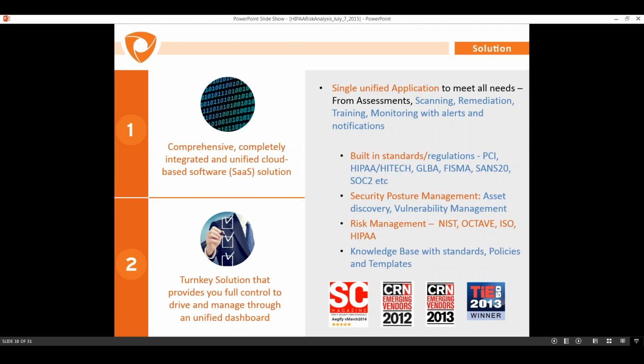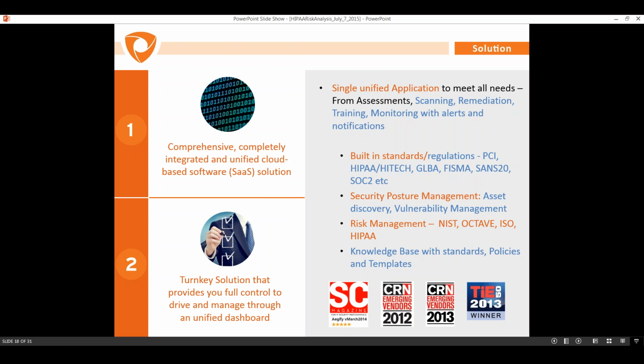So now what we're going to talk about is Agify, which is an automated tool for not only achieving HIPAA certification, but it also helps you automate the HIPAA security risk analysis process by really minimizing, if not eliminating, any manual work. There might still be some manual work needed to deal with some questions and answers that you need to answer, but it automates the entire 9-step process that I talked about.